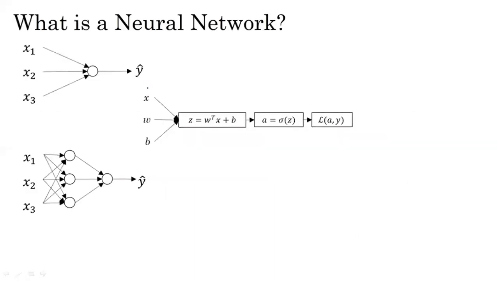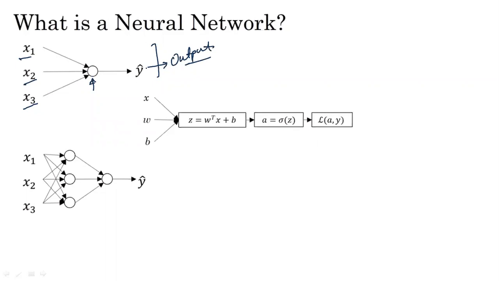What you can see in this slide is firstly this neural network. This is a very simple neural network with only one node. The inputs to this node are x1, x2 and x3, and combining them there is some computation performed in this node, and after this computation I get the output y hat.